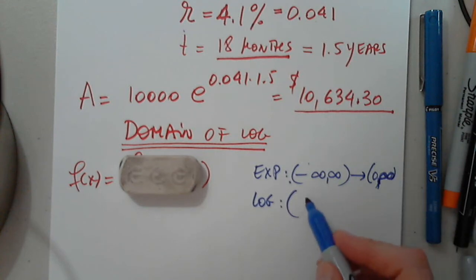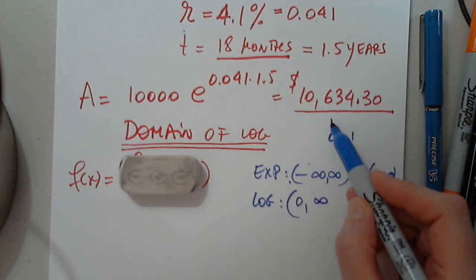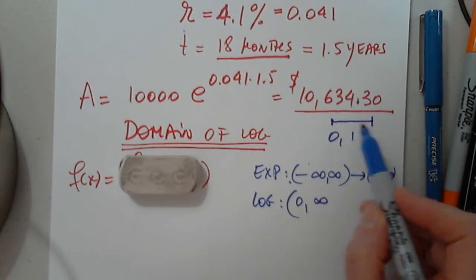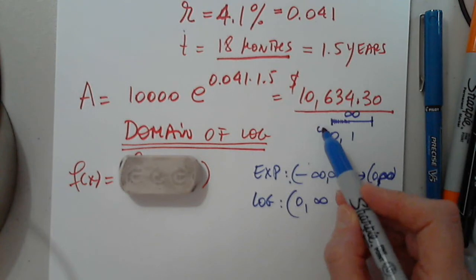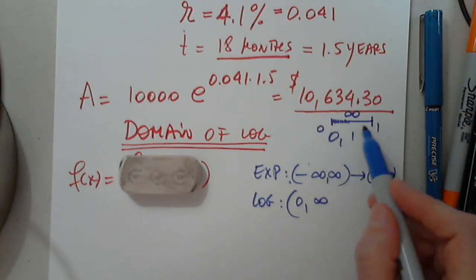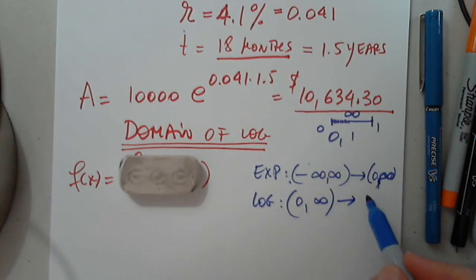Is it 0 to infinity? 0 to infinity. Between 0 and 1, I have so many numbers that we don't have enough life to mention them. There are infinitely many numbers between 0 and 1. We cannot miss those, right? 0 to infinity for the domain, and negative infinity to infinity for the range.